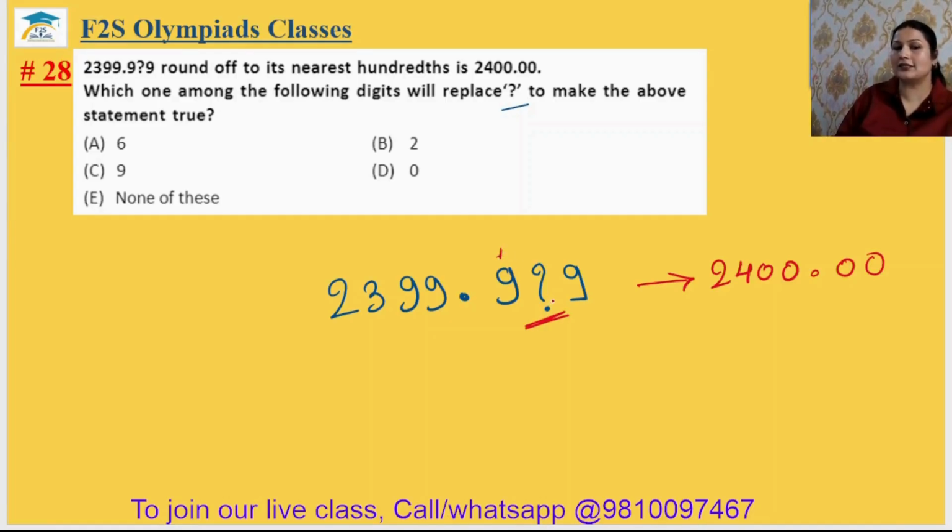If the next digit is more than 5. So if it should be more than 5, the answer should be 9, because if it will be 9 here and we round off at the hundreds place, 1 will be added here, 10, then 1 will be shifted here, 100, again 100, 4, it will be 2400. Answer should be C. 28th answer is option C.